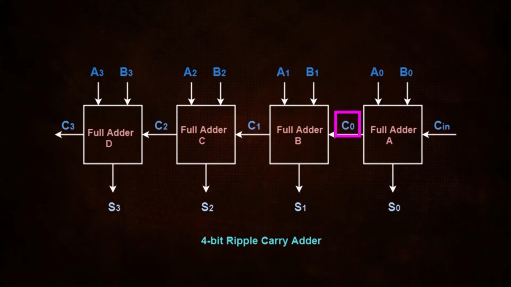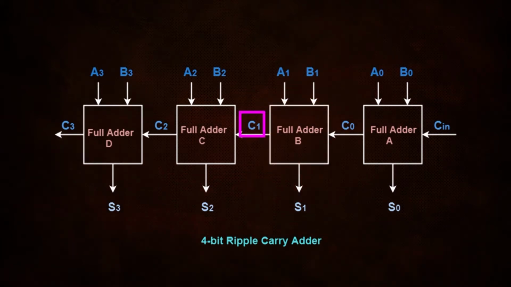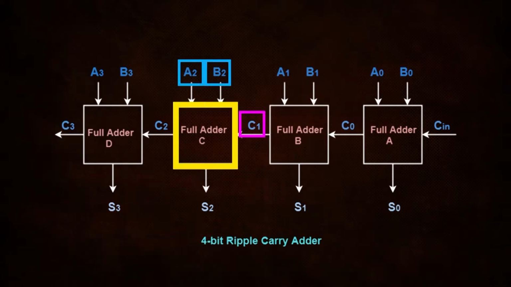This carry C0 serves as the input to the adjacent adder B along with input bits A1 and B1. The adder B produces the sum S1 and carry C1. This carry is sent to the next full adder for the succeeding stage of addition.